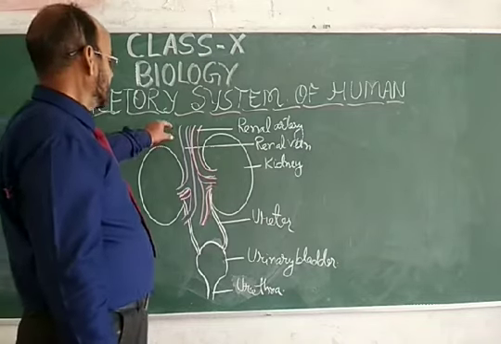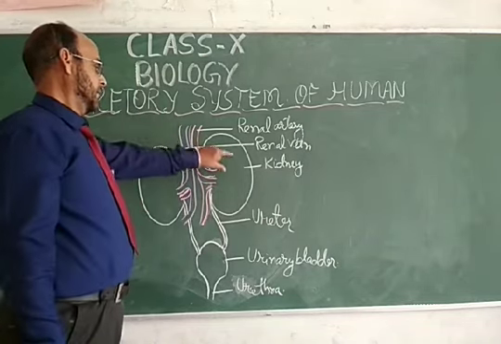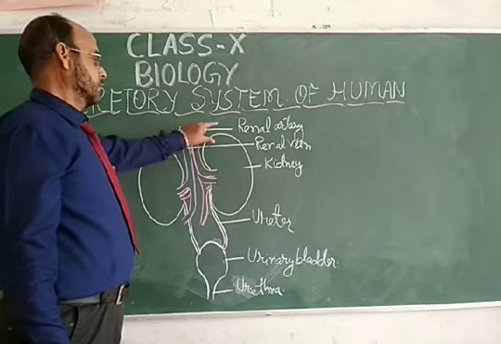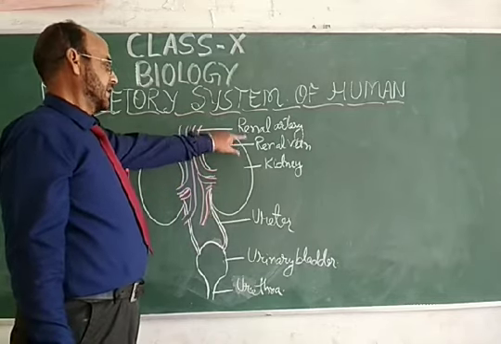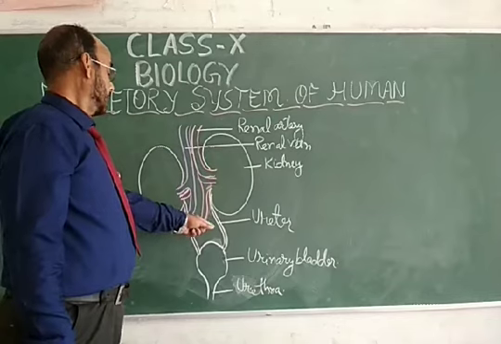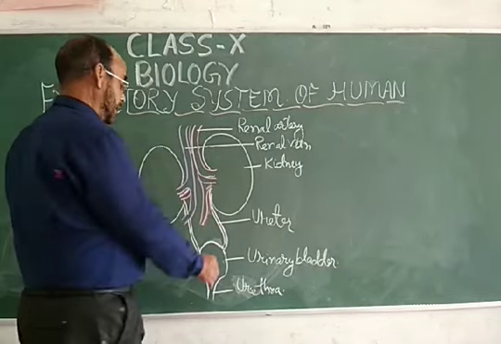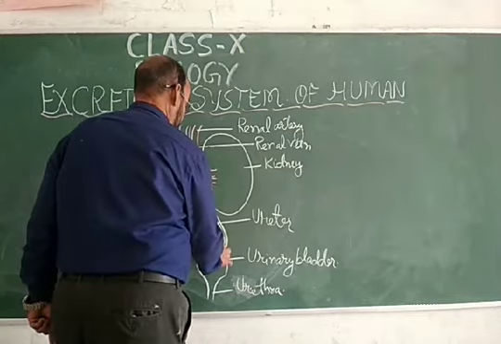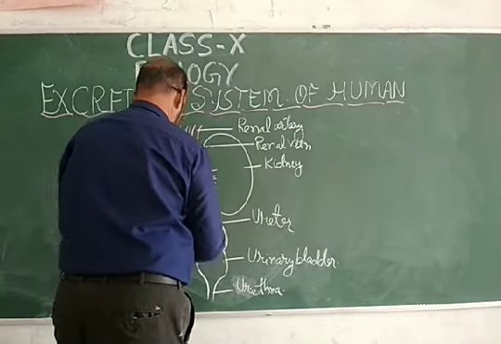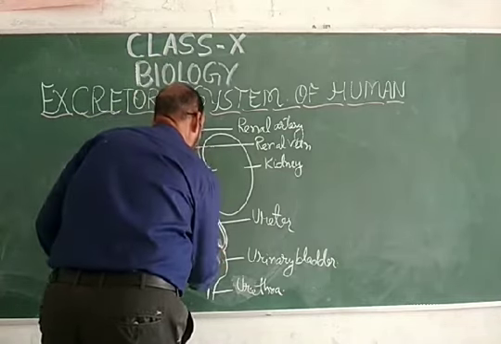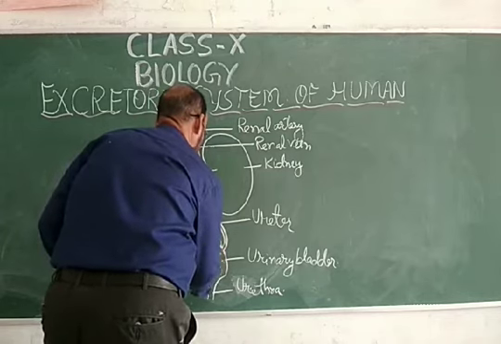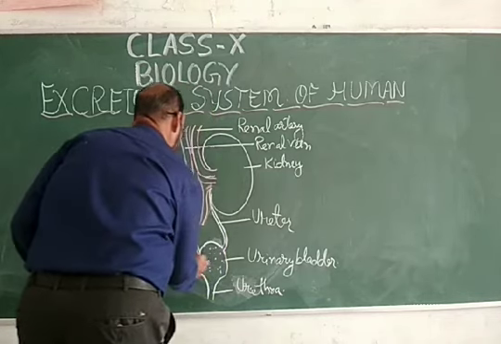So, my dear students, this is the morphological structure: a pair of kidneys, renal artery, renal veins, a pair of ureters, both connected with the urinary bladder, that is the collecting organ of the urine.